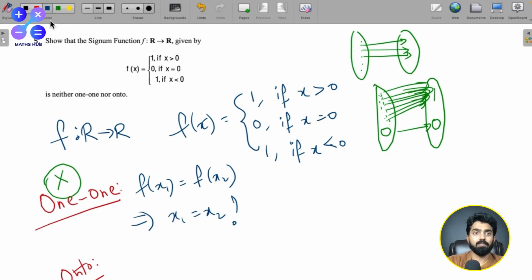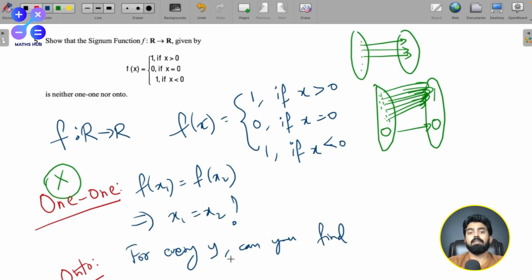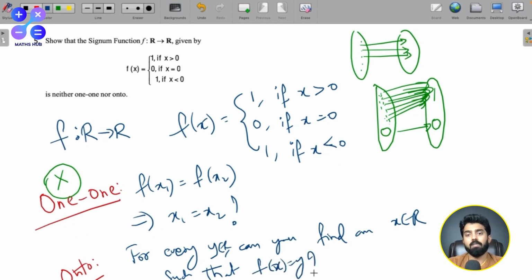And is it onto? So for every y that belongs to R, can you find an x that belongs to R such that f of x is y? Obviously you can't.